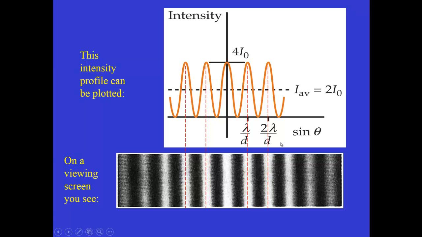So I've lined these two up so that the peaks are at the same positions as the centers of the bright fringes. And one of the things that we often will see, although in this viewing screen image it looks like the bright regions and the dark regions are roughly the same width, is that if you look at it with your own eyes as opposed to taking a camera image, you'll see that the bright fringes are wider than the dark fringes.